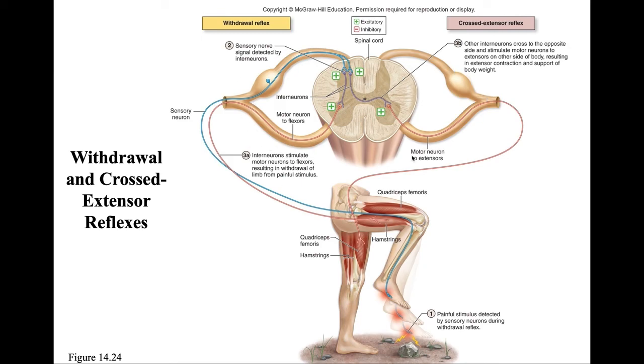And then on the opposite side, for the other leg, we have this loop. And notice, what do I see here in this purple? This purple shows it going across. And if you recall from this chapter, we said that anytime a neuron crosses over, it's called decussation, contralateral. So yes, we have a contralateral shown here because it goes to the opposite side.